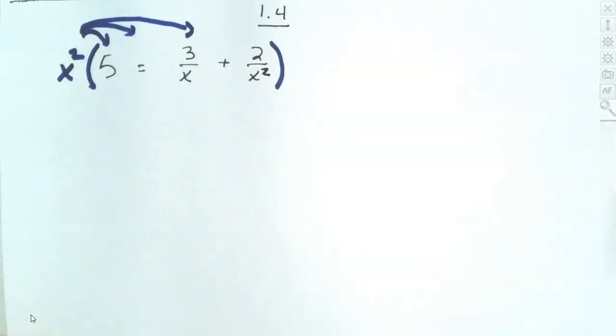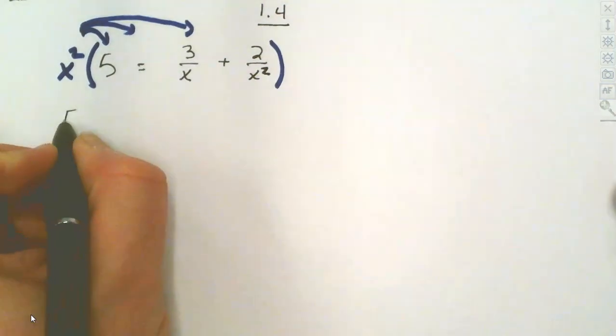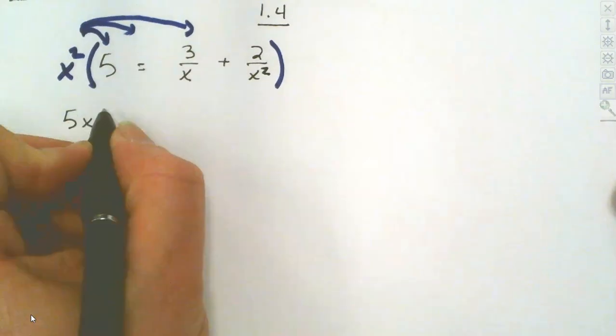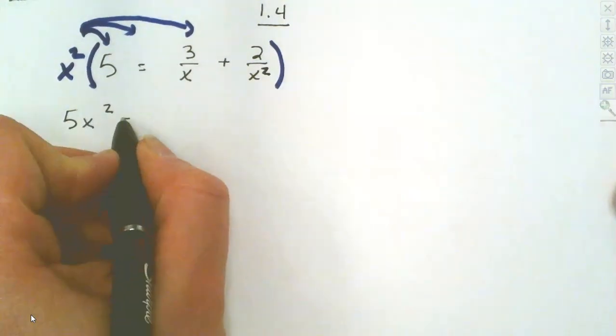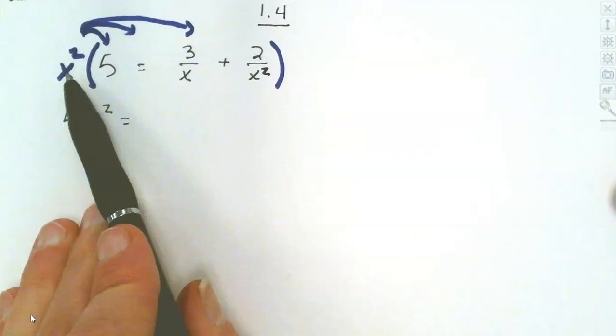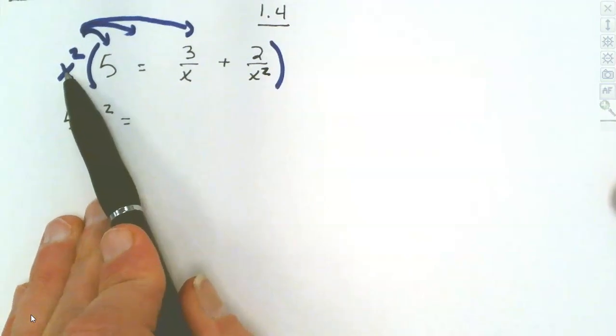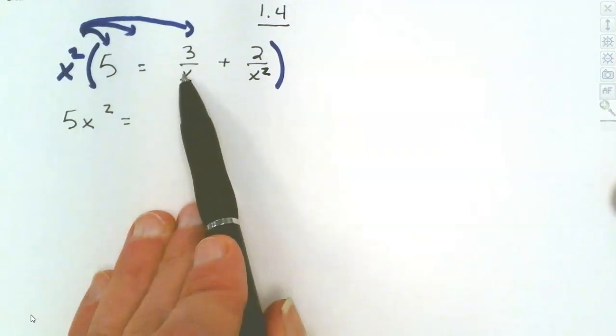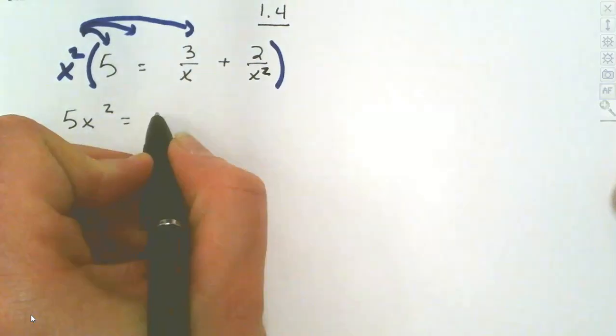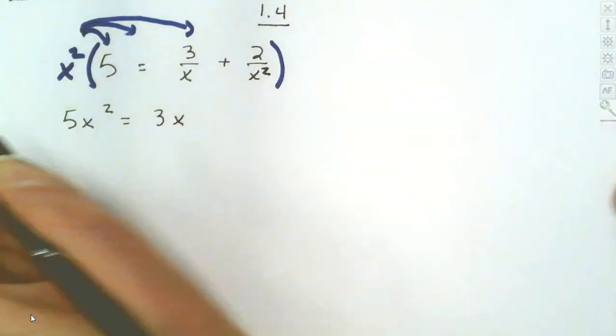And then in this one, we're going to have to rearrange it so it's in the correct order. So we'll distribute that x squared through, and we get a 5x squared on the left. On the right, what happens is this x squared will cancel with one of the x's here, and that'll leave you then with a 3x.